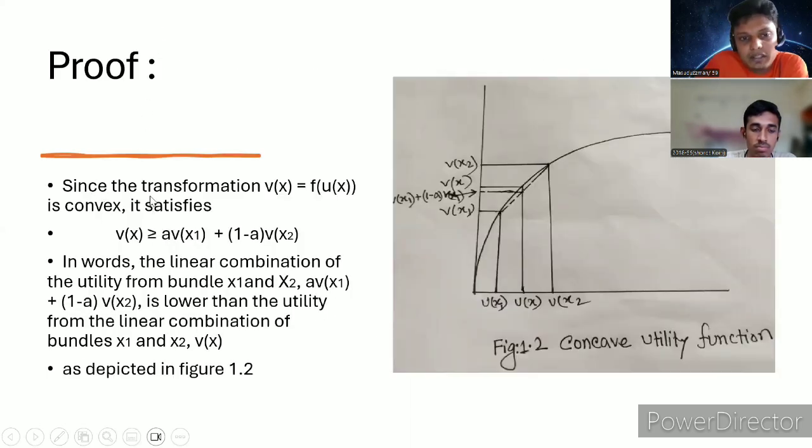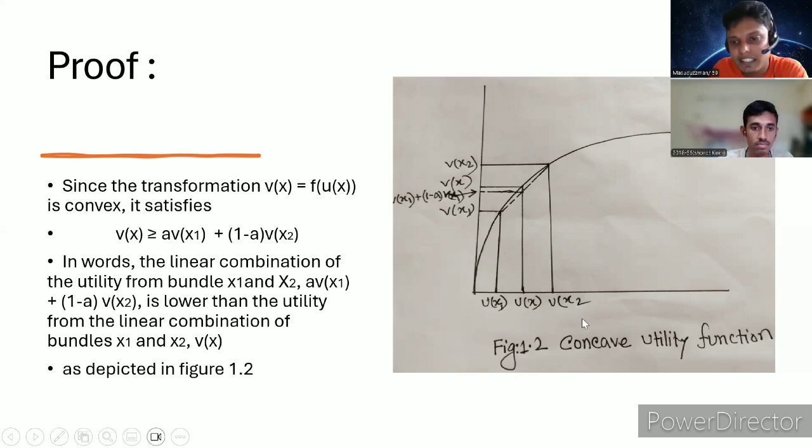Now we see the proof of that transformation problem. Here we can see a graph of a convex utility function. Let's try to solve the problem with this graph. Since the transformation v of x equal to f of u of x is convex, it satisfies v of x greater than or equal to alpha v of x1 plus 1 minus alpha v of x2.